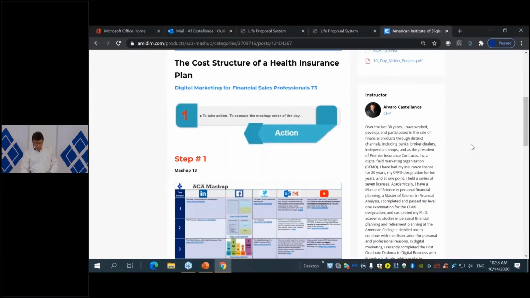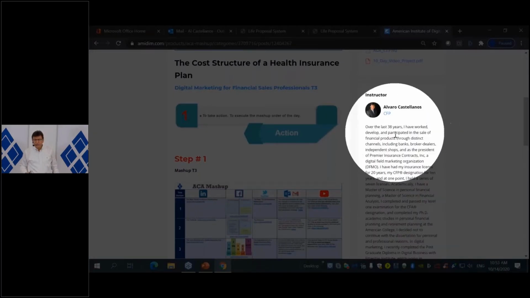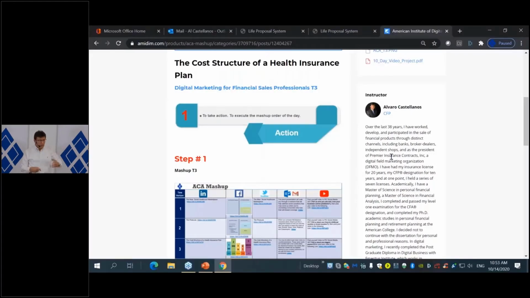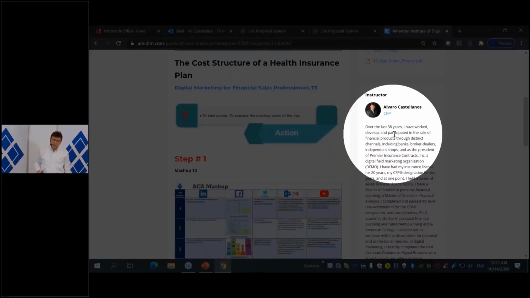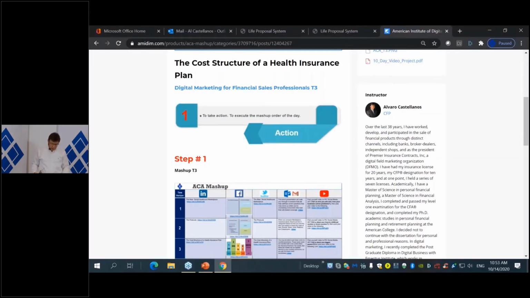Then we have the instructor information. This is me, with a long curriculum about me. My objective is that eventually we start seeing some of you here as an instructor. You can be an instructor on annuities, Medicare Advantage, final expenses, the ACA, or financial planning.